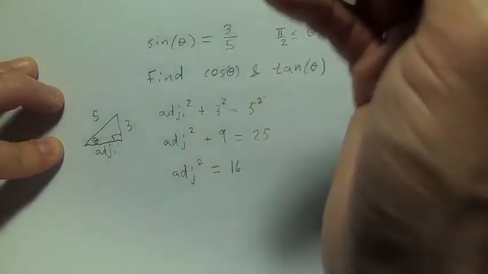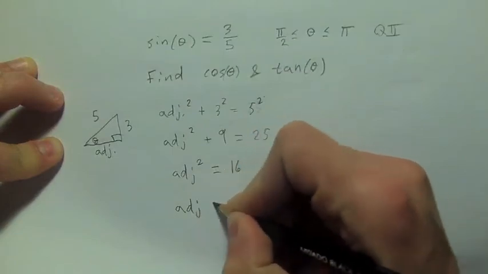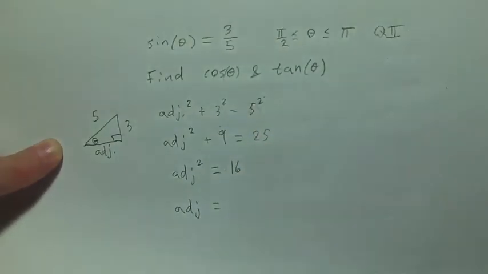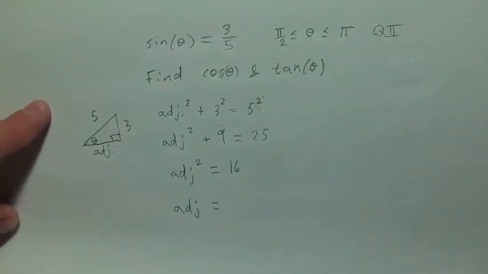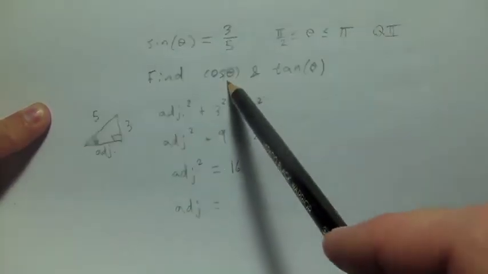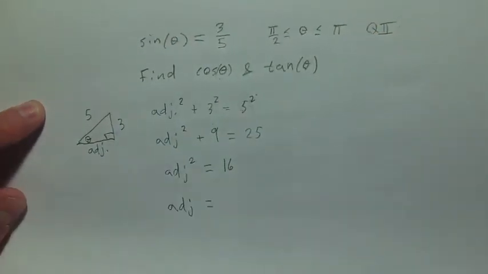And now here's where a lot of people mess up. They'll say that adjacent is just equal to 4. They'll take the square root of both sides. Here's the problem. Got to be really careful, because what does cosine need to be in this quadrant? Negative.